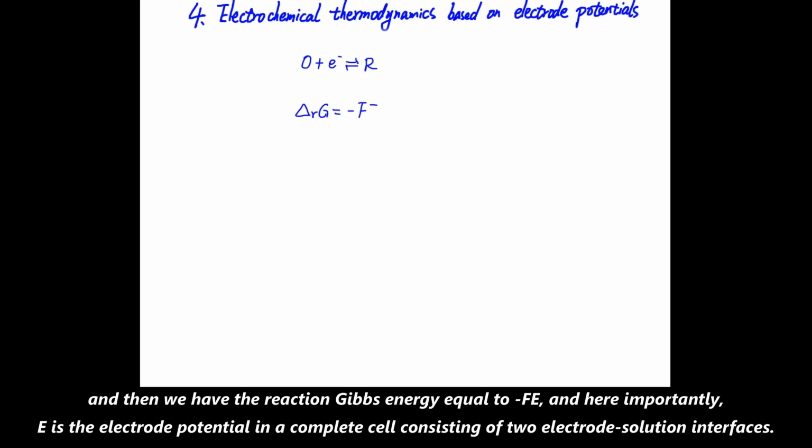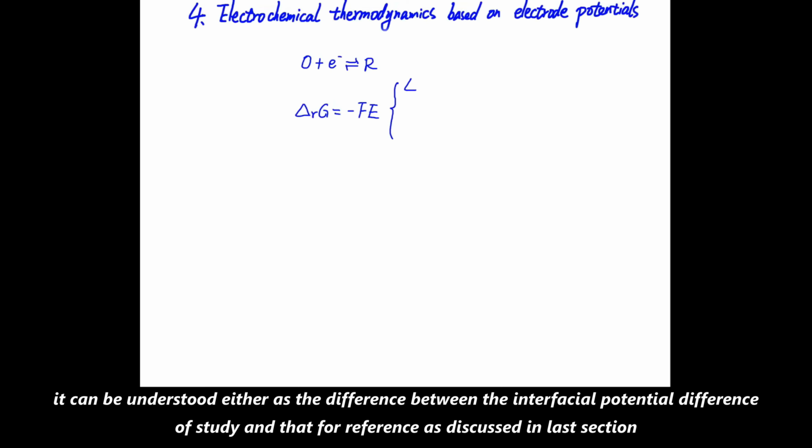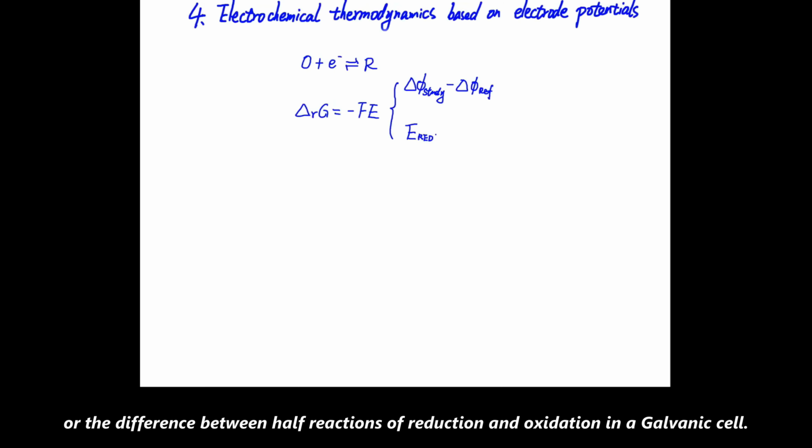And then we have the reaction Gibbs energy equals minus FE, and here importantly, E is the electrode potential in a complete cell consisting of two electrode solution interfaces, and it can be understood either as the difference between the interfacial potential difference of study and that for reference, as we discussed in last section, or the difference between half reactions of reduction and oxidation in a galvanic cell.